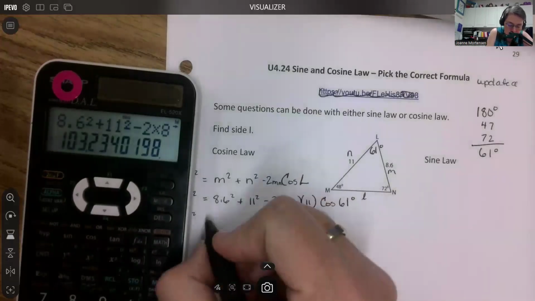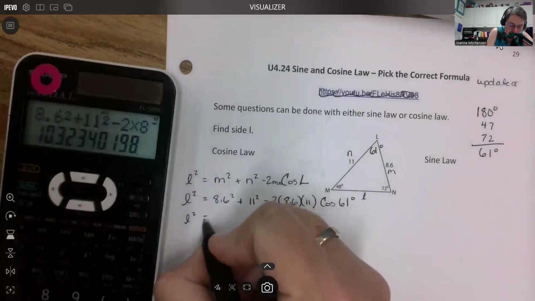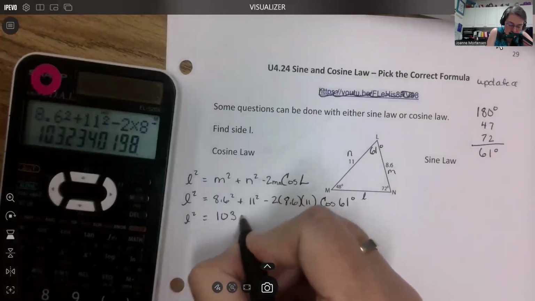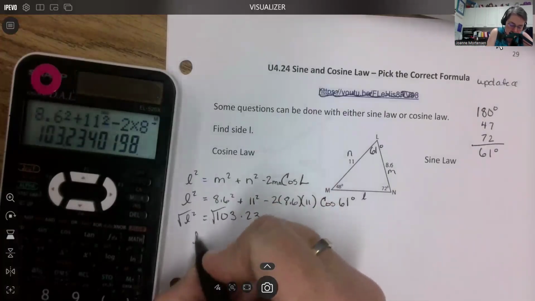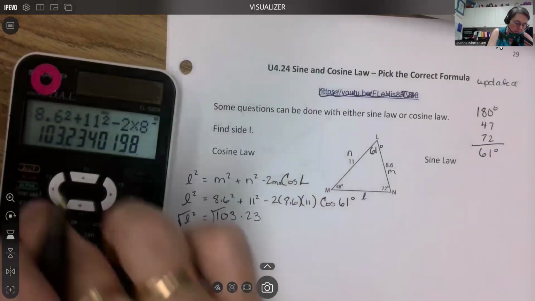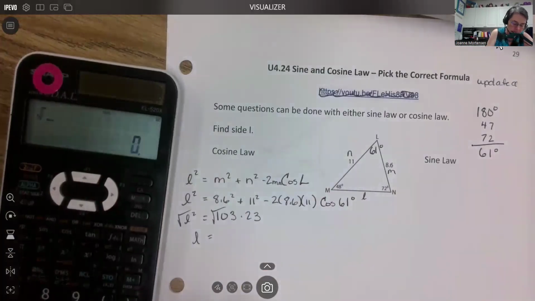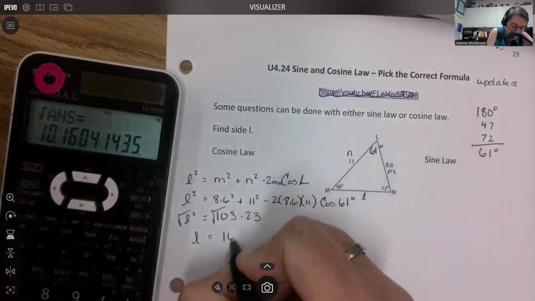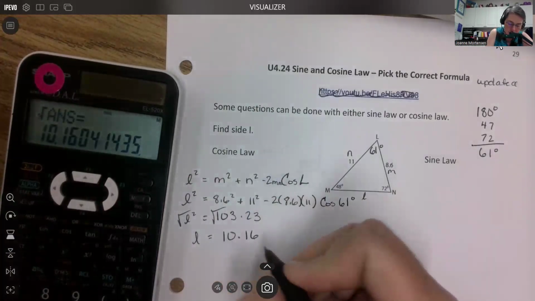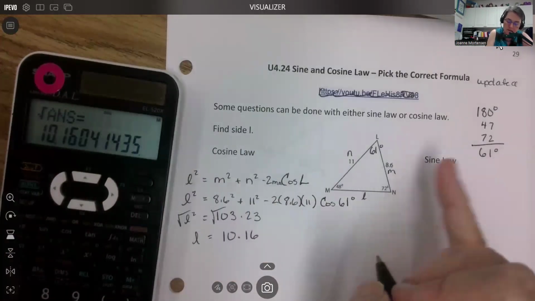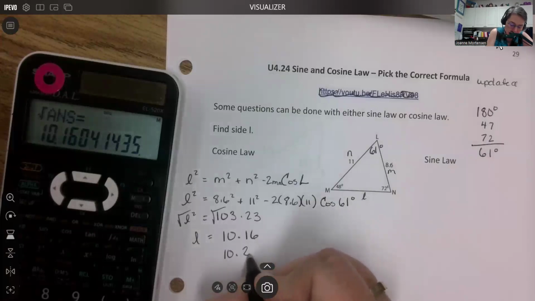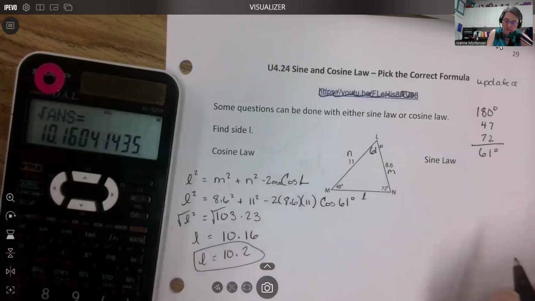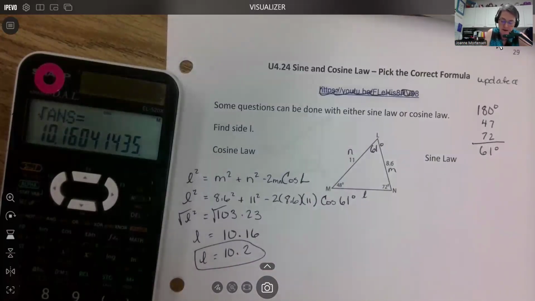So L squared equals 103.23. Square root gives 10.16. This one's got one decimal place, so let's go 10.2. No units, no big deal.